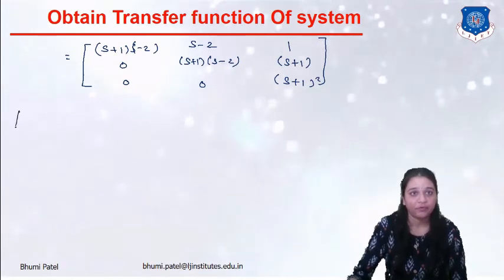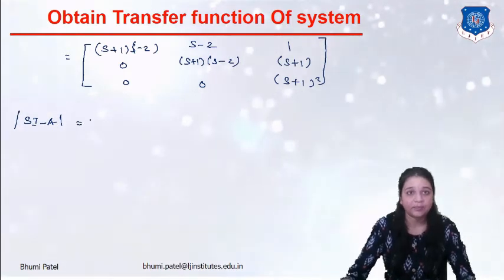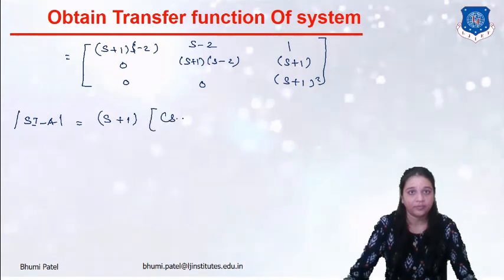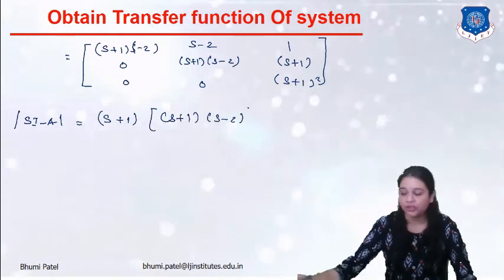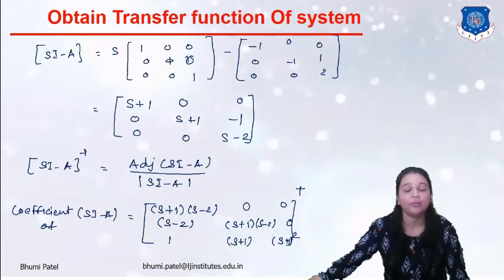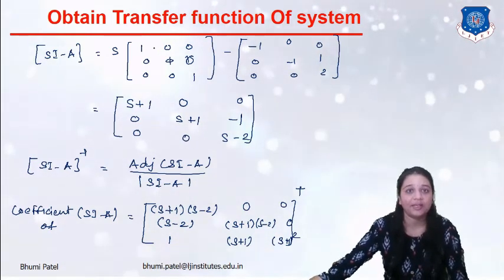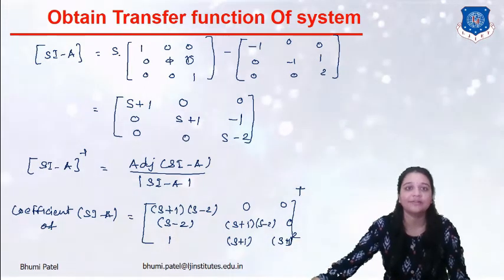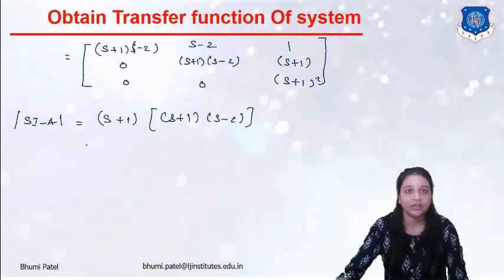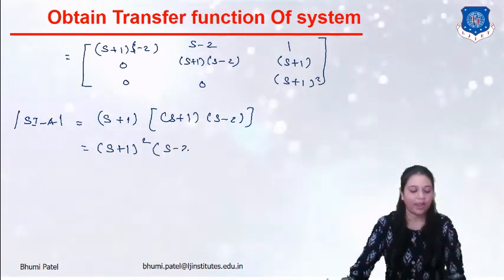Now next step is we have to find the mod of sI minus A, and so we can get S plus 1 in bracket S plus 1, S minus 2. For the mod we have to consider in this A matrix, we can put S plus 1, we cannot consider the first row and first column, so multiply S plus 1, S minus 2 minus 0 into minus 1, that is 0. So we can get this type of answer. So it will become S plus 1 whole square into S minus 2.